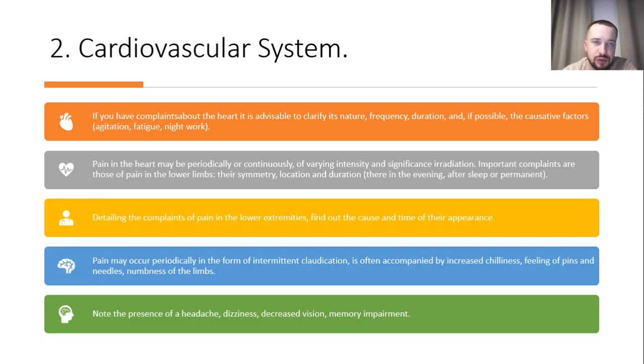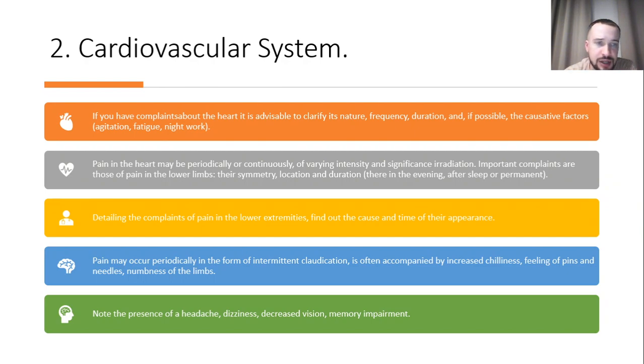Cardiovascular system. If you have complaints about the heart, it is advisable to clarify its nature, frequency, duration, and if possible the causative factors. Pain in the heart may be periodically or continuously of varying intensity and significance of radiation.